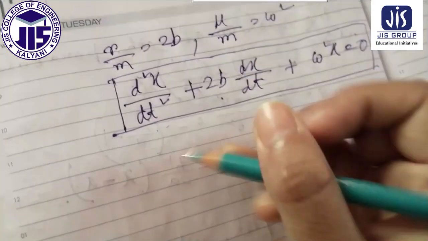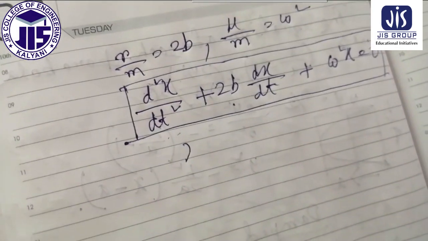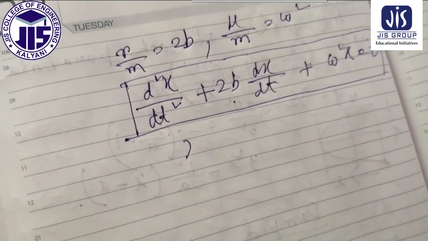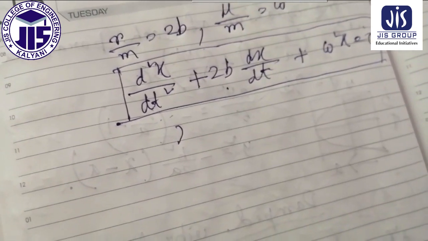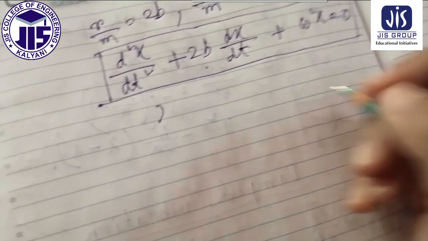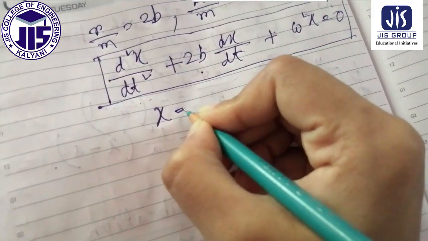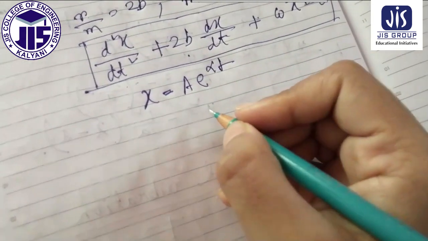To solve it, we will apply the same method which we used for simple harmonic motion. So again we will consider an equation x equal to a e to the power alpha t.